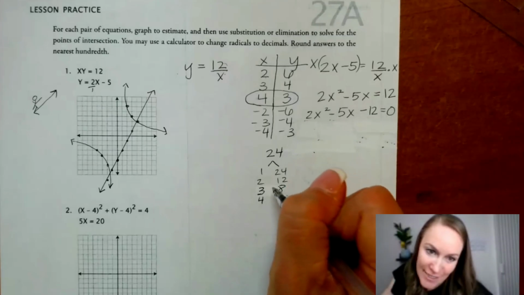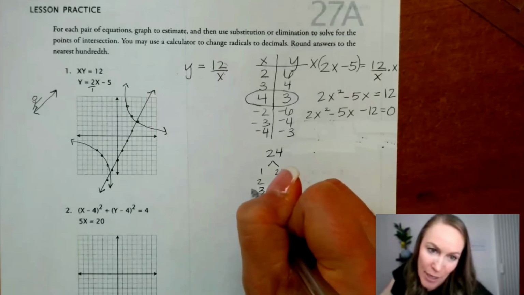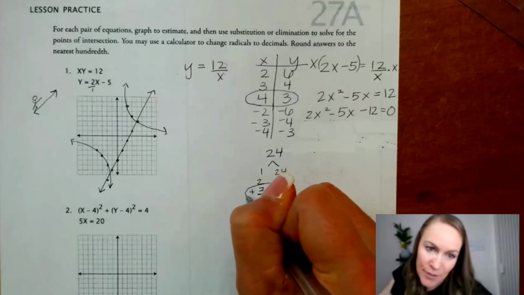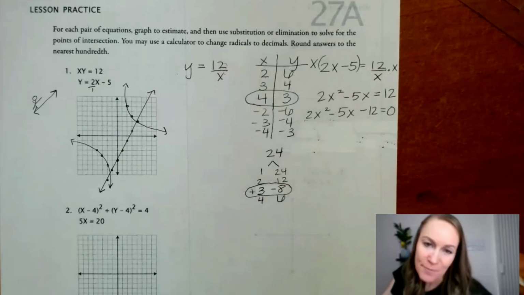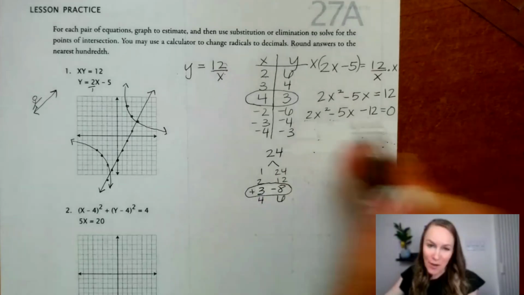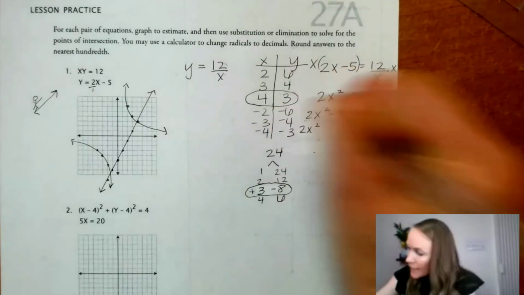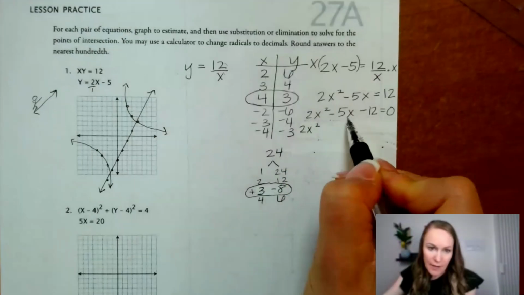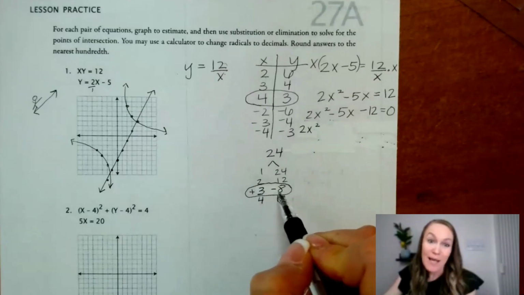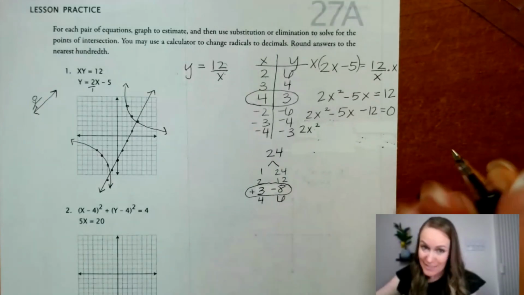So if I did negative 8 and positive 3, I would get negative 5. Okay, so now we can go ahead and do factor by grouping. So we can do 2x squared, and I'm just splitting up that negative 5x into plus 3x and minus 8x.